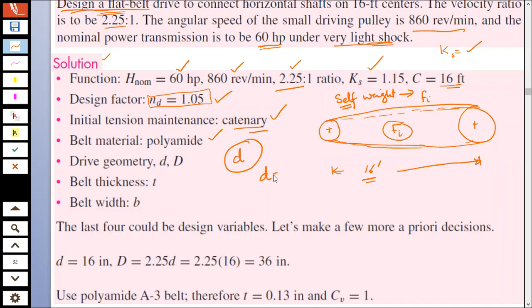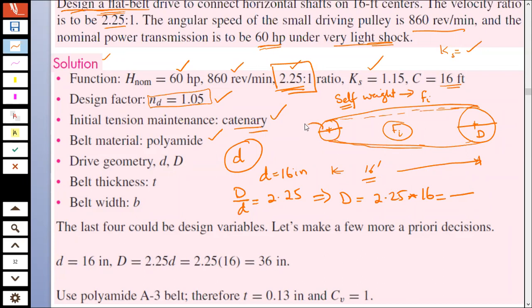For this specific design, let's say that we choose from the table 16 inches. Since the velocity ratio is given to us, D by d equals 2.25. So that implies our D will be 2.25 times 16, and that will give us the capital D, the diameter of this pulley, and this one is a small d.